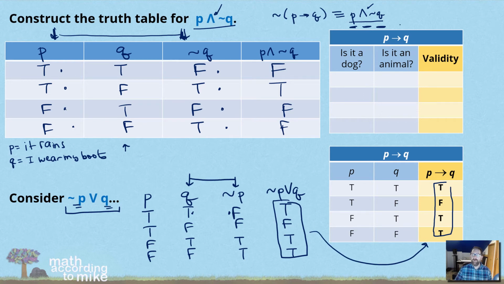So what we just showed was if P then Q is the same thing as not P or Q. So going back to our rains example, if it rains, then I will wear my boots is the exact same thing as it does not rain or I will wear my boots. Means the exact same thing.